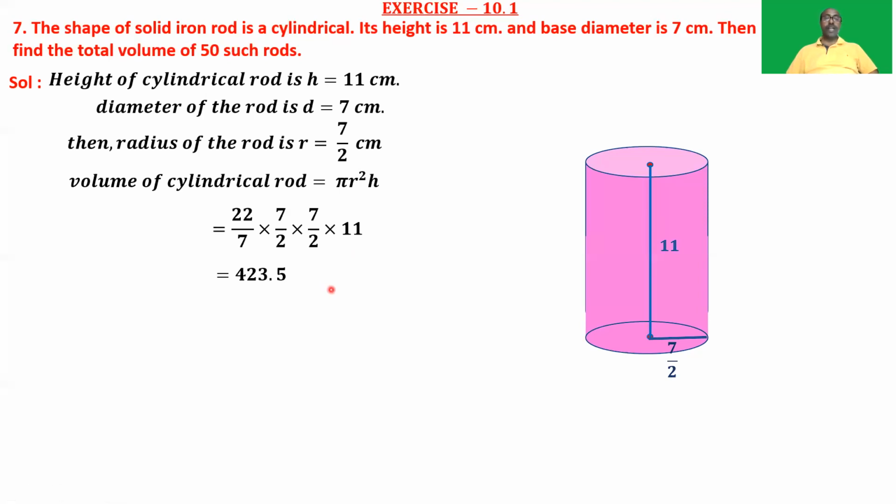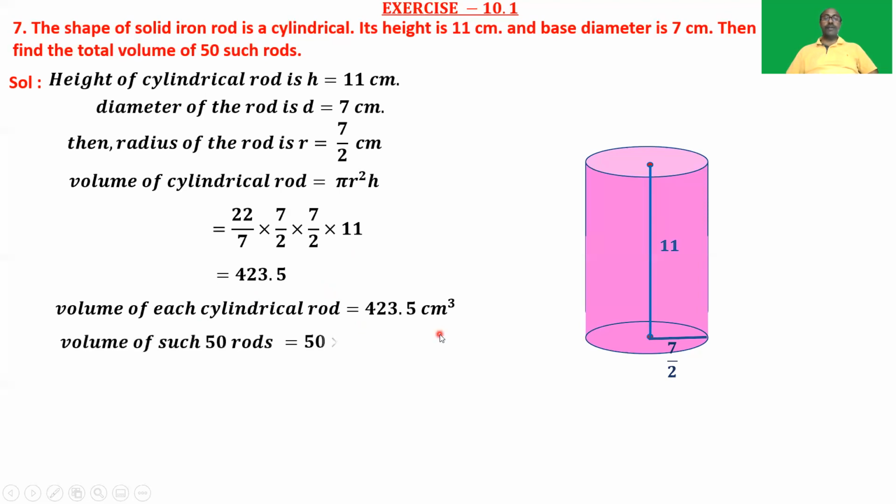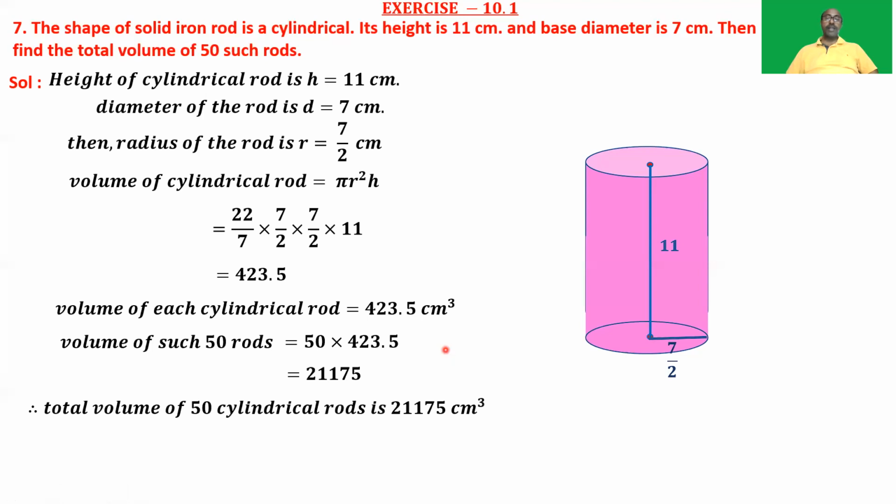So the volume of one cylindrical rod is 423.5 centimeter cube. The total volume of 50 such rods is 50 into 423.5, which is equal to 21,175. So the volume of 50 cylindrical rods is 21,175 centimeter cube.